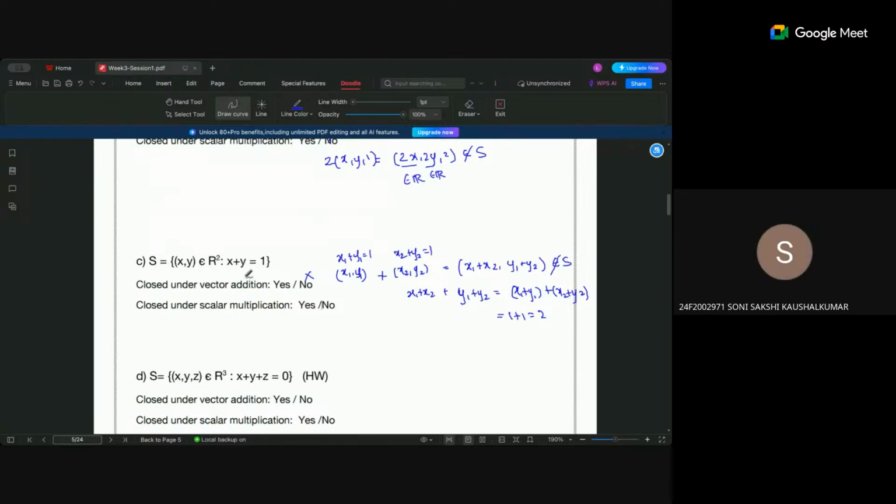Ma'am, just one question for conclusion. If a vector comes from a space, that vector must satisfy the condition.